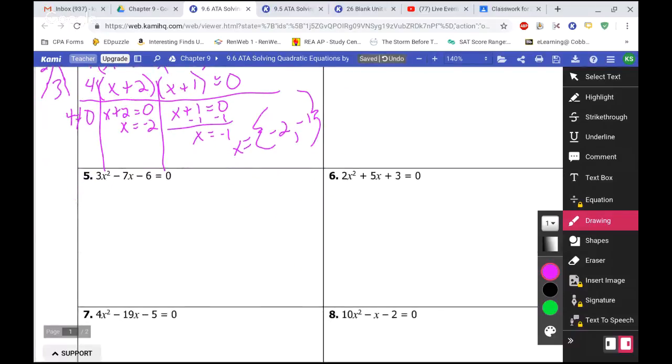All righty. On number 5, I'm going to look for a greatest common factor. I know that 3 will go into 3x squared, and it will also go into 6, but 3 won't go into 7. So that's not going to be an option for me to pull out a greatest common factor.